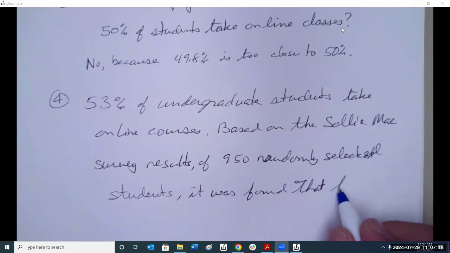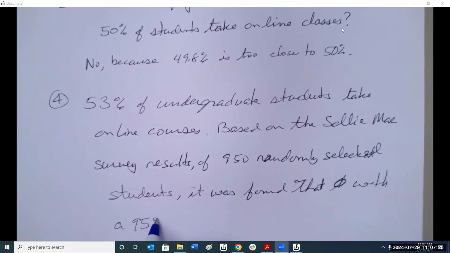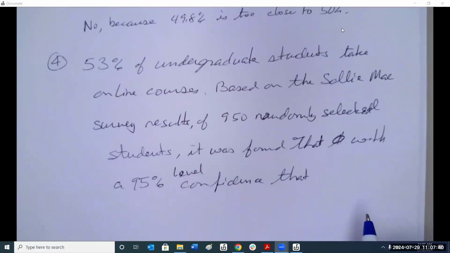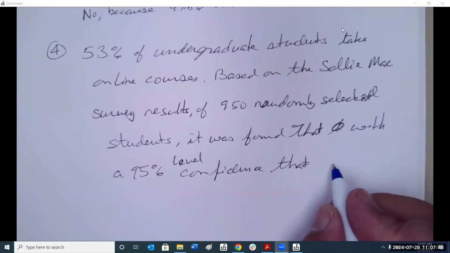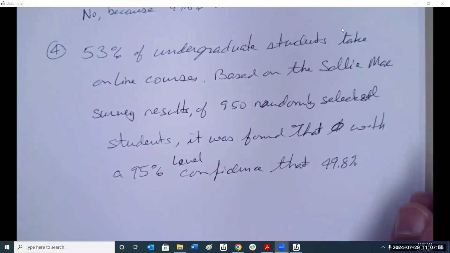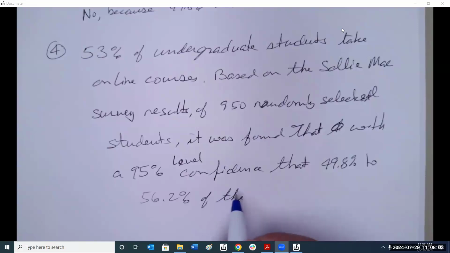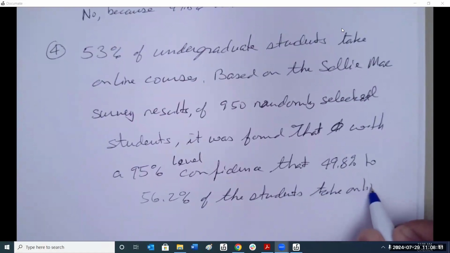It was found that with a 95% confidence or level of confidence, 49.8% to 56.2% of the students take online courses.